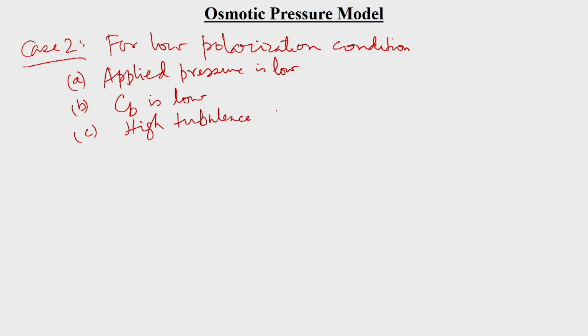If turbulence is very high, K will be very much greater than Jw, meaning the mass transfer coefficient value will be very high.